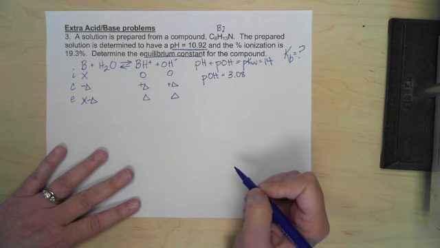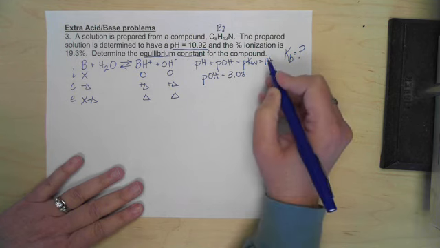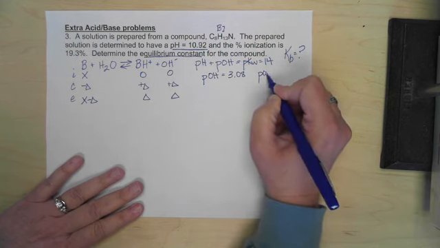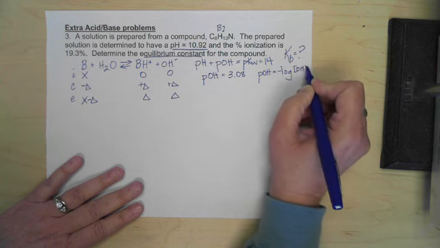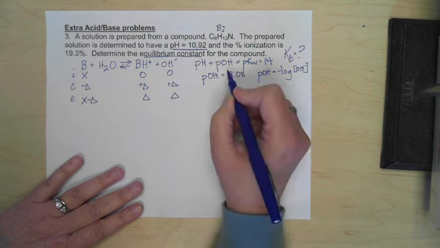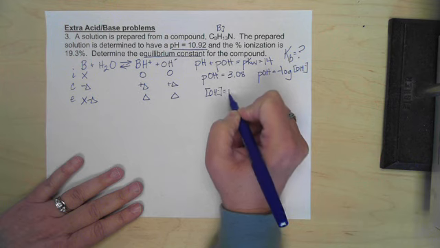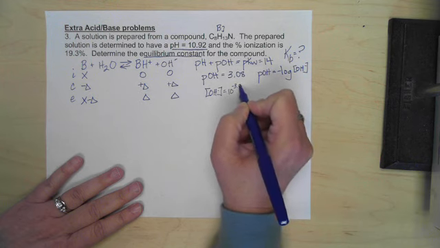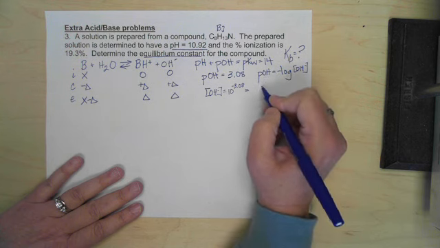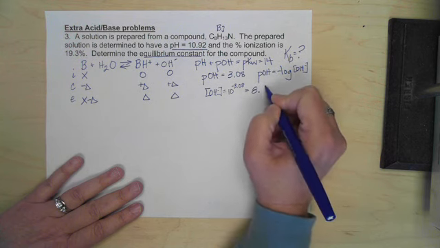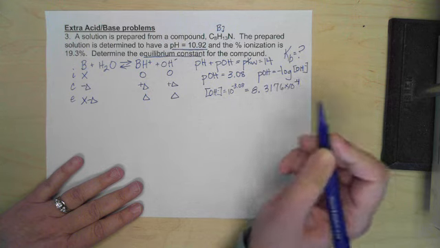Back here we said that the pOH is 3.08, and remember, the pOH is equal to the negative log of the OH minus concentration. That being the case, I can determine the hydroxide concentration is equal to 10 to the negative pOH, which is negative 3.08. So that gives me 8.3176 times 10 to the minus 4.